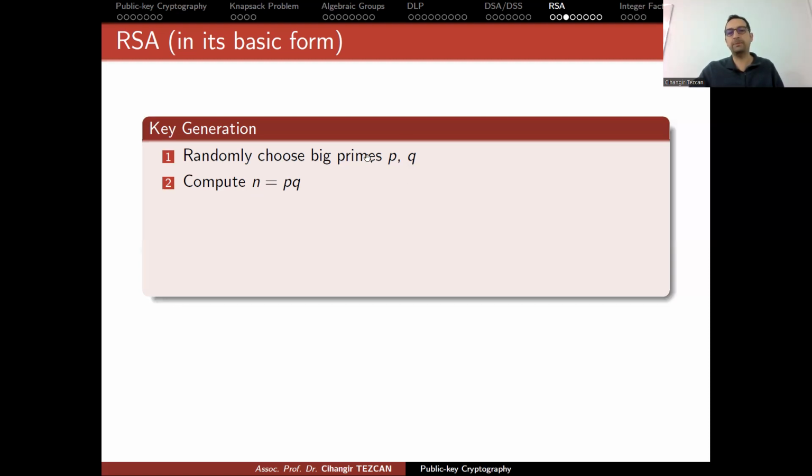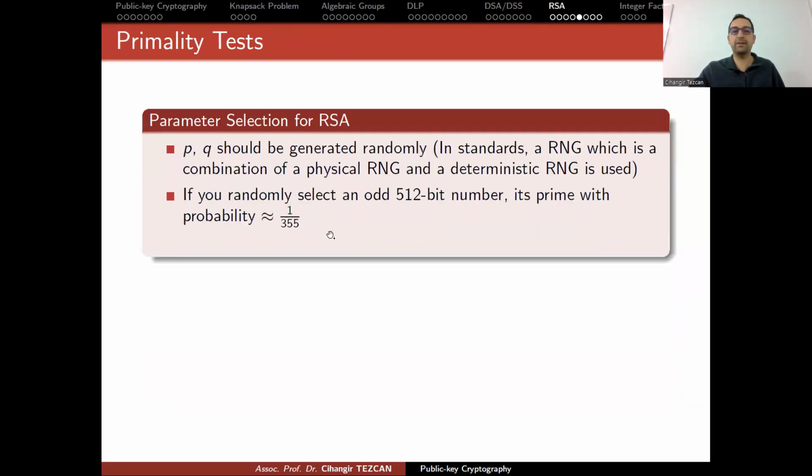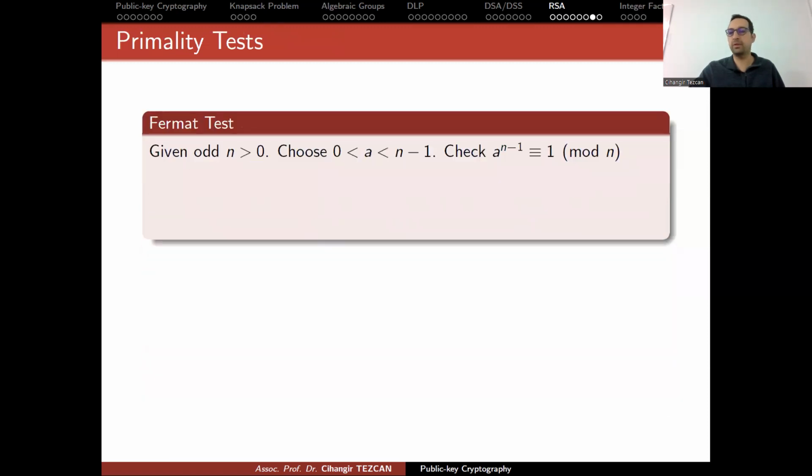We have fast randomized algorithms to check if these numbers are prime, but once we multiply them, the search problem of finding the factorization is hard. This is the motivation. So let's give an example where it is very easy and fast to check if a number is prime or not. Again, this is a randomized algorithm, and it is actually a Monte Carlo algorithm. So let me define it as follows.